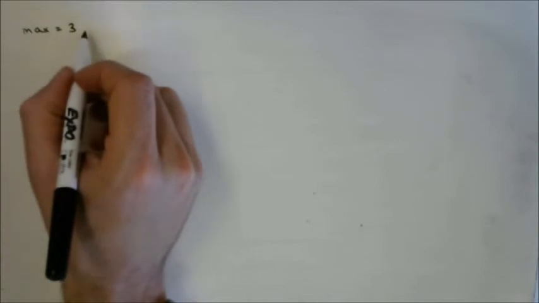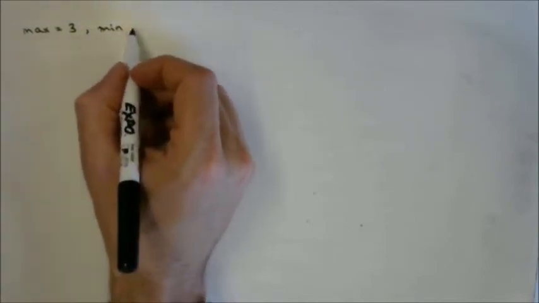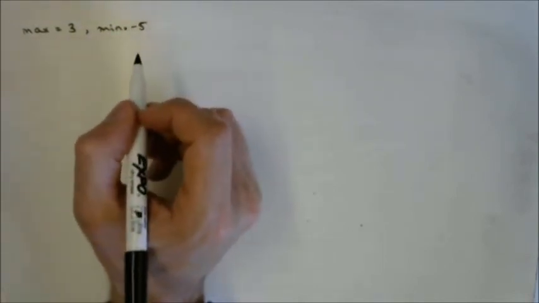Okay? So from the graph, we can't really directly see its amplitude because we notice that it's had a vertical shift done to it. But we can see its max and its min. So what is its max? 3. So the max of 3, and it has a min of -5.